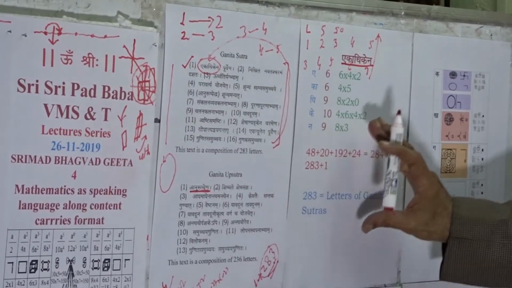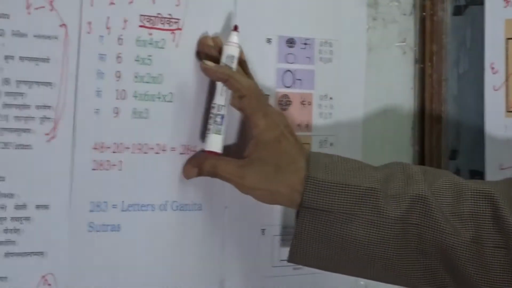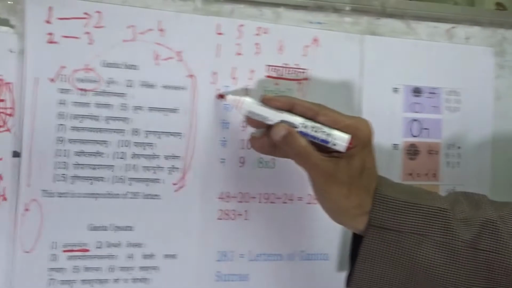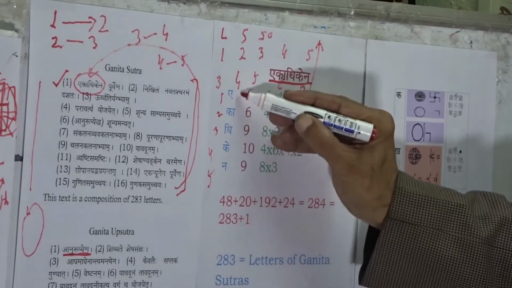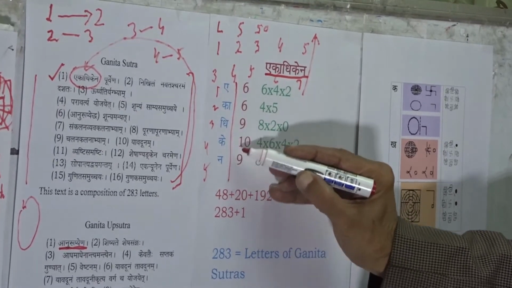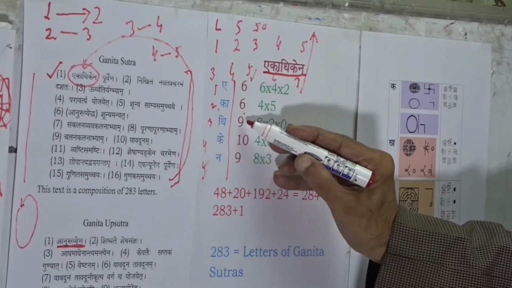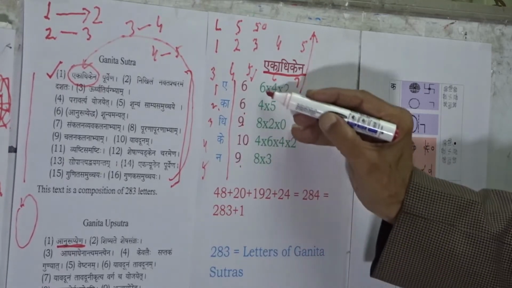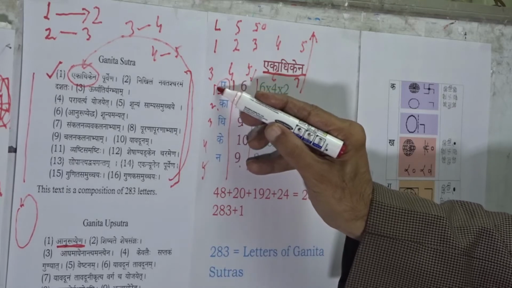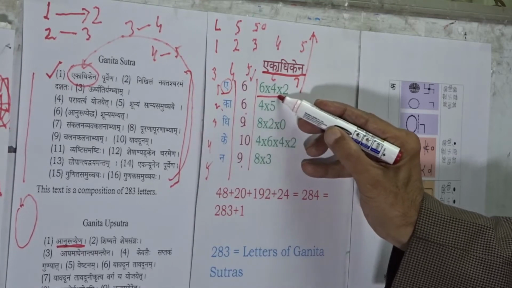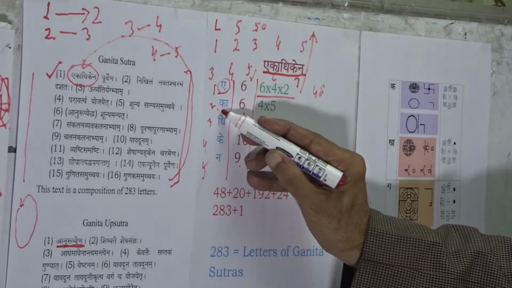Ekadhikena Purvena. Now see, this formulation, Ekadhikena, is a setup of as many as 5 aksharas, syllables. These are leading us to value 6, Ka Brahma, again 6, 9, 10 and 9. Now see here, here is the vowel 6, which will permit a transformation of value 6 into 4 into 2 is 48, and then Ka Brahma 4.